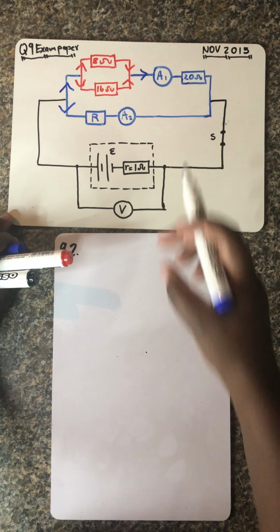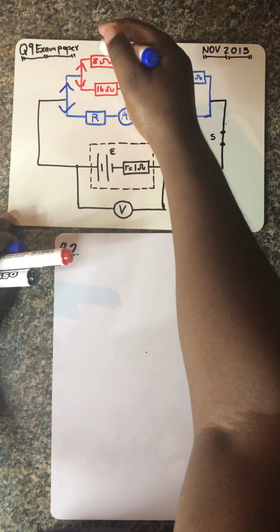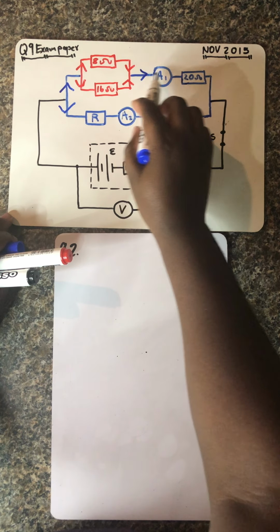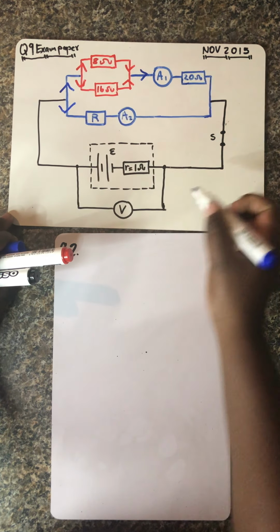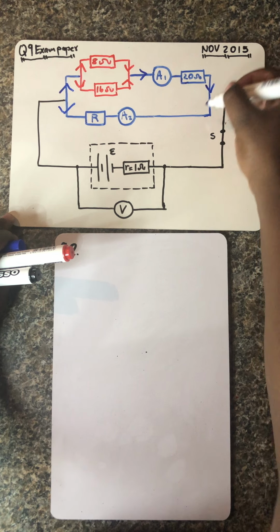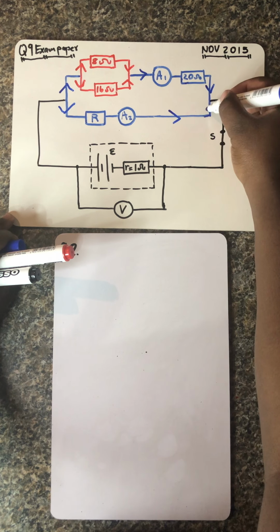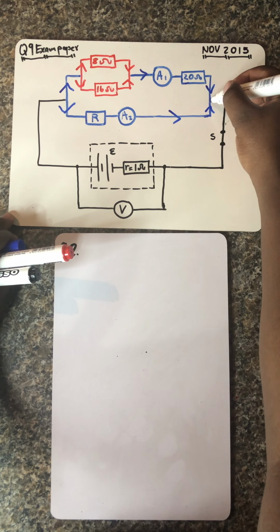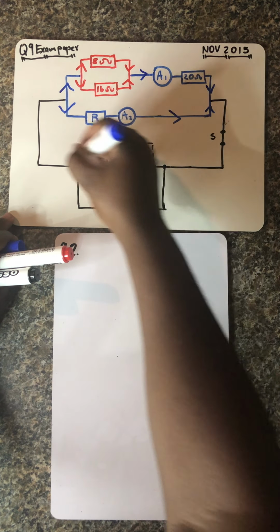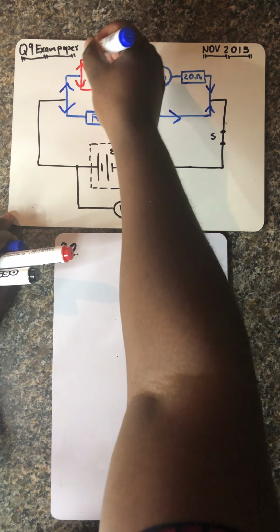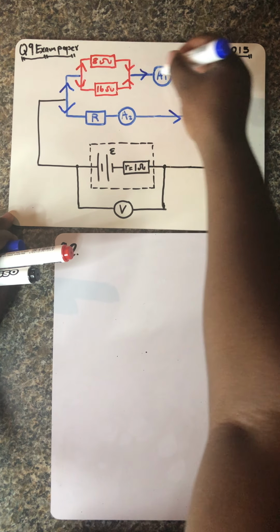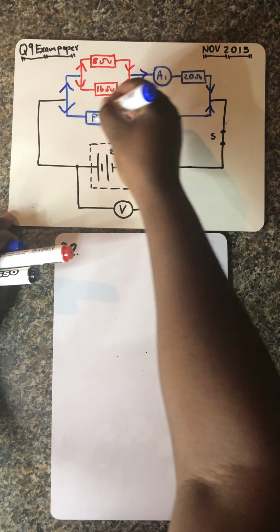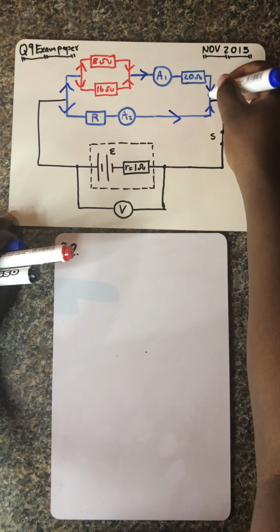So in short, the combination of the current flowing there and there is the same as the current flowing there. Obviously that current is going to pass through there, and then it joins. As soon as it joins, it's that current which is the same. It splits, joins, flows, joins, and obviously there is where it splits, and then it joins.